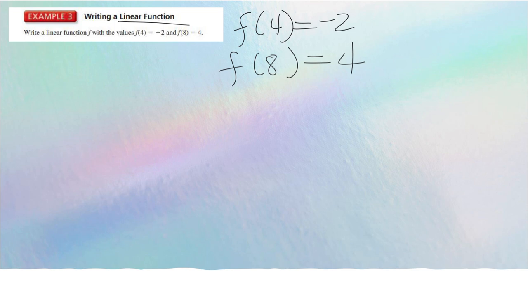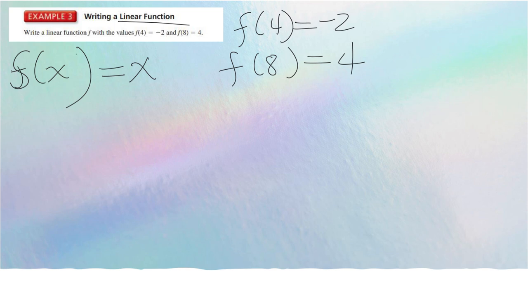Remember that before it was what? This is what I need it to look like: f of x equals, this is what was on the homework, x. F of x equals x. That's what it needs to look like.